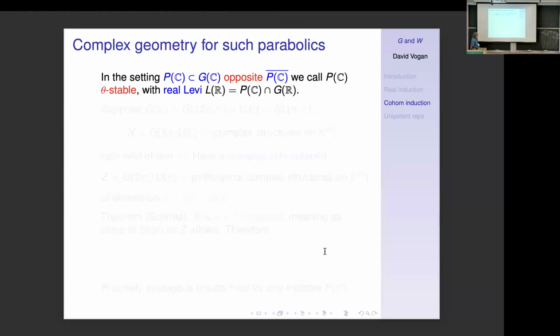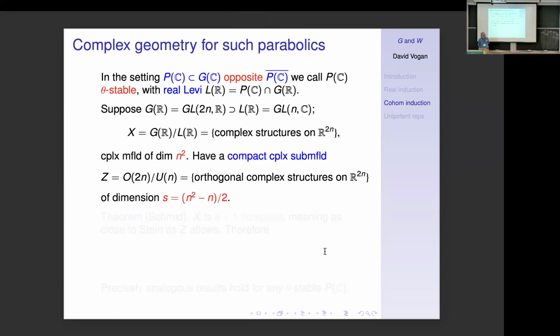So I want to say a little bit about the geometry. I'm in this setting where the complex parabolic is opposite to its complex conjugate. I'm going to use the word theta stable, and the real Levi that you get in this way. So here's an example.